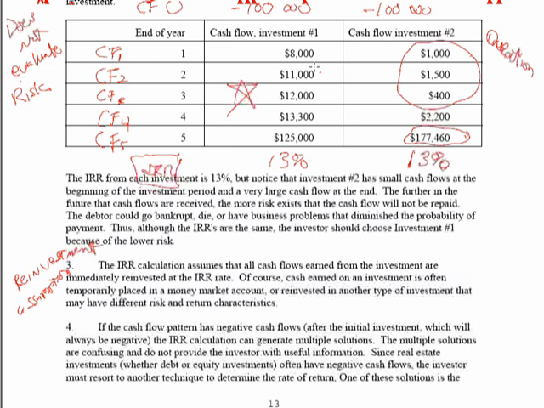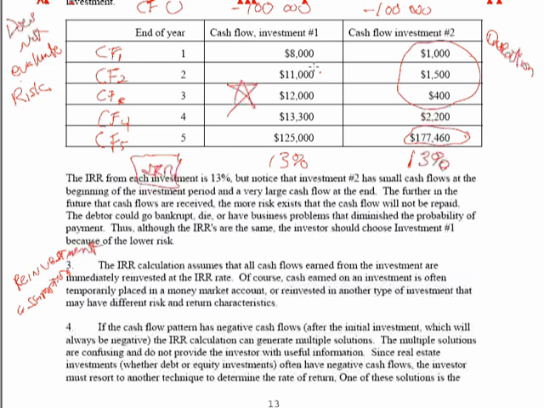So if that's true, we're not actually going to receive a 13% internal rate of return, because we're investing those cash flows at a lower rate. Our actual realized internal rate of return is going to be something lower than 13%. To achieve that 13%, we'd have to reinvest all those cash flows exactly at a 13% return immediately for the remainder of the investment period.